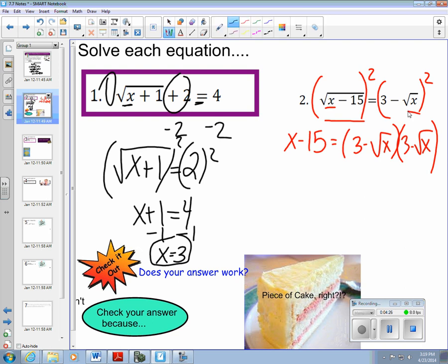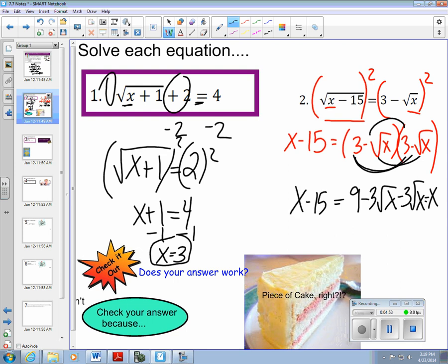We have our first terms, 3 times 3 gives us 9. 3 times a negative square root x is a negative 3 root x. Then negative root x times 3 is another negative 3 root x. And then root x times root x is just x. So this is what we have on the right-hand side, and on the left-hand side we have x minus 15. What we want to do next is combine like terms.